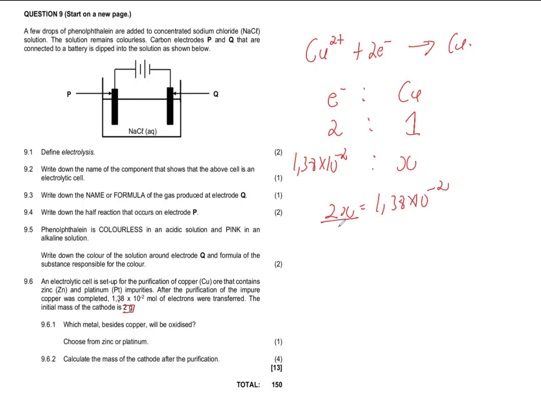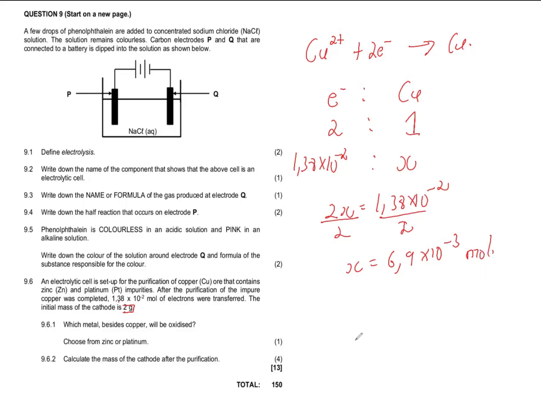And then dividing both sides by 2, our number of moles of the copper, since we can see that for every copper that is produced, 2 electrons would have to be transferred. That means, what is the number of moles of this? If we do our calculation, that's supposed to give us 6.9 times 10 to the exponent of negative 3 mole, right?